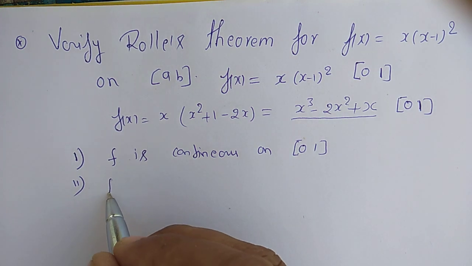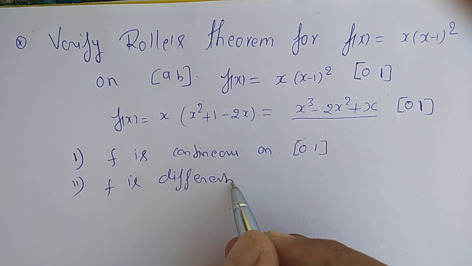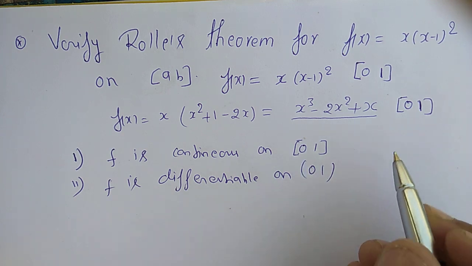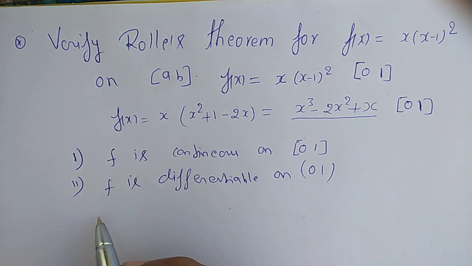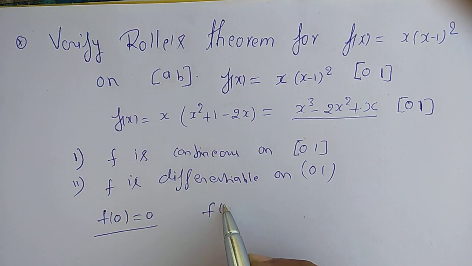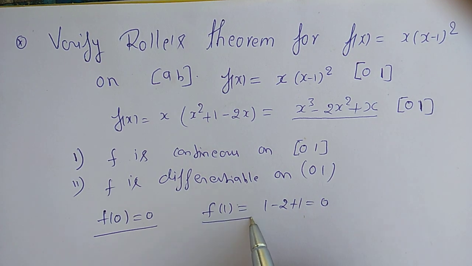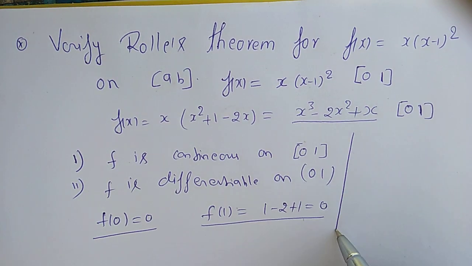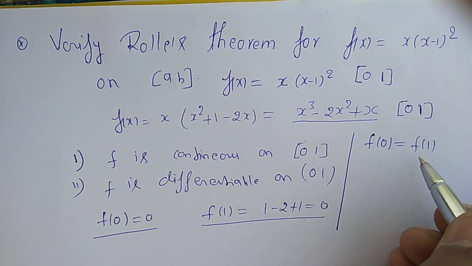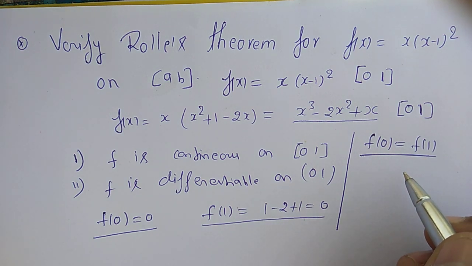So function is differentiable on open interval a b. And what is the f of 0? f of 0 is 0. And f of 1 is also 1 minus 2 plus 1 equal to 0. So you can see here, f of 0 equal to f of 1. So it is satisfying all three conditions of Rolle's theorem.